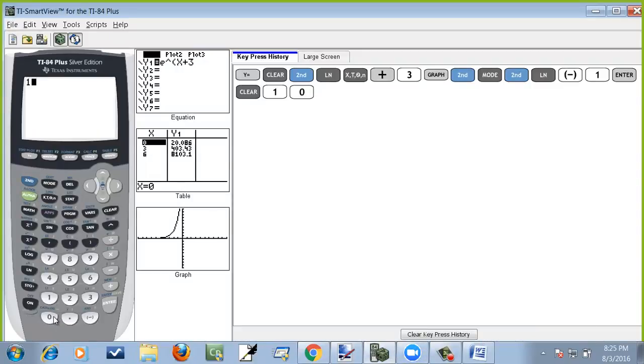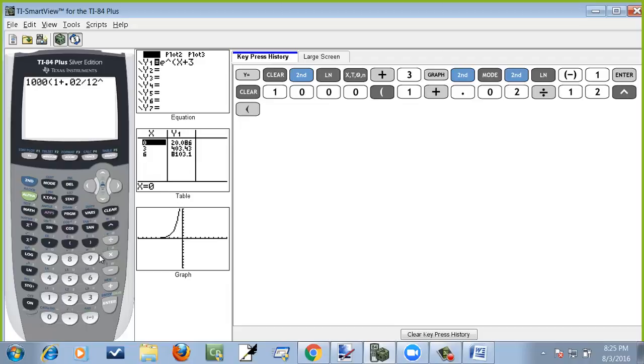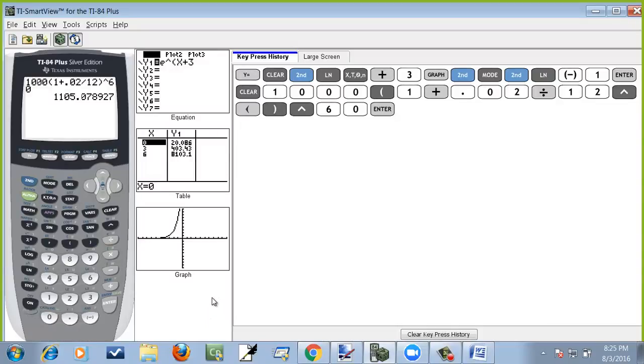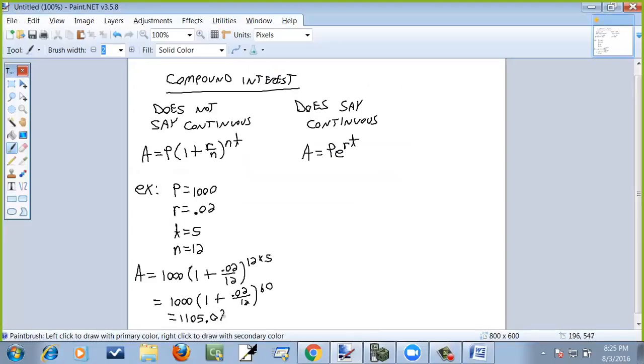You get 1,000, beginning parentheses, 1 plus 0.02 divided by 12, close parentheses, I meant, then caret 60, and then enter. So we got 1,105 and 8 cents. And that would be our answer.